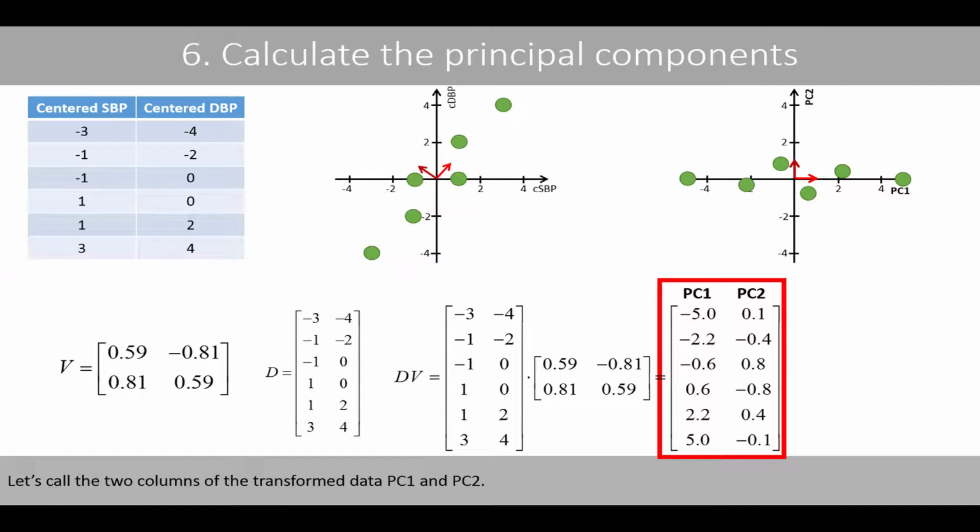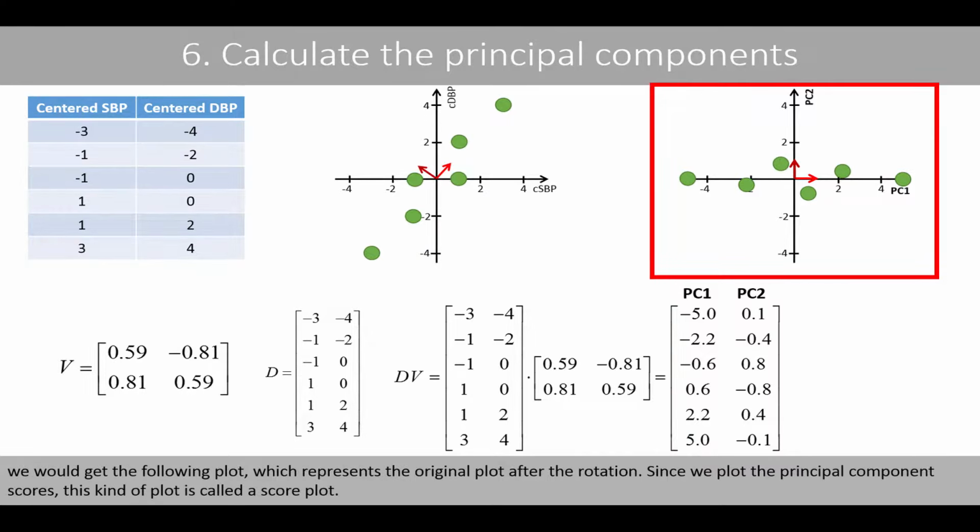Let's call the two columns of the transformed data PC1 and PC2. If we plot this data, where we label the x-axis as PC1 and the y-axis as PC2, we will get the following plot, which represents the original plot after the rotation. Since we plot the principal component scores, this kind of plot is called a score plot.